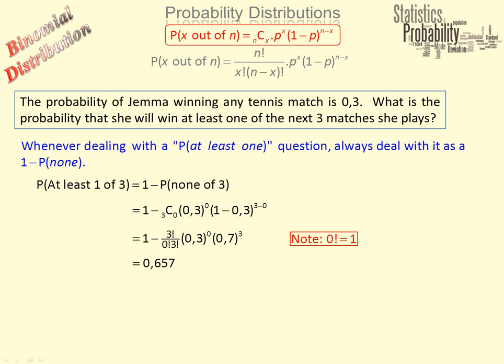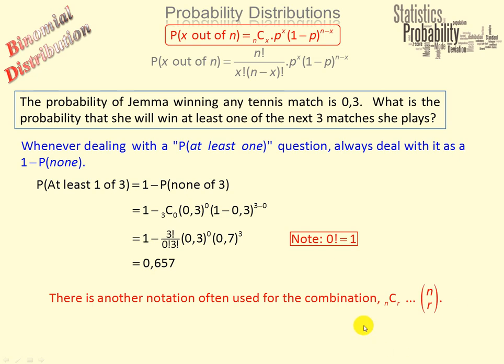So if she has a probability of 0,3 of winning any match, then the probability of her winning at least one in the next 3 is 0,657. There's the other notation for using the combination. And while we use that mainly, that is often used in the binomial theorem formula.